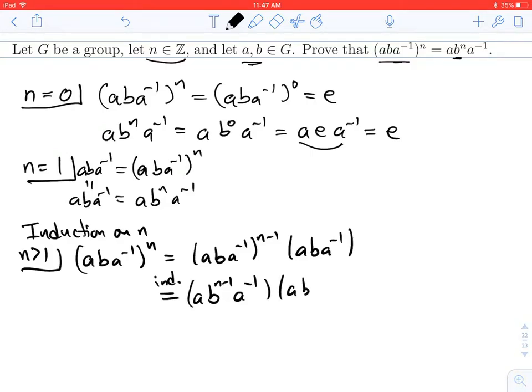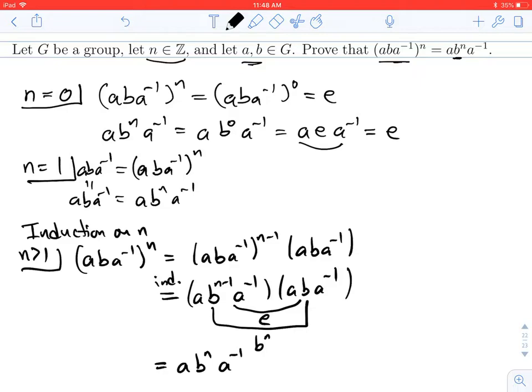And then I still have ABA inverse. But now the A inverse and the A here become the identity. The B to the n minus 1 and the B become B to the n. And so in total, I'm left with A, B to the n, A inverse. All right, so this handles all of the non-negative n cases.